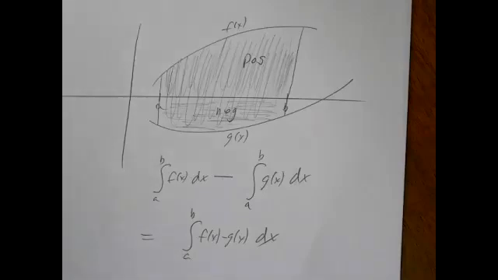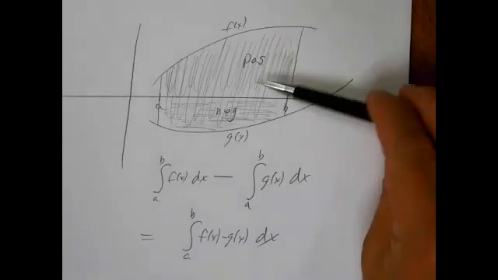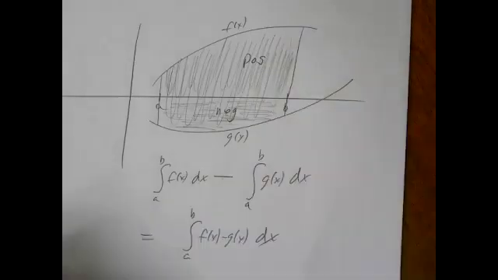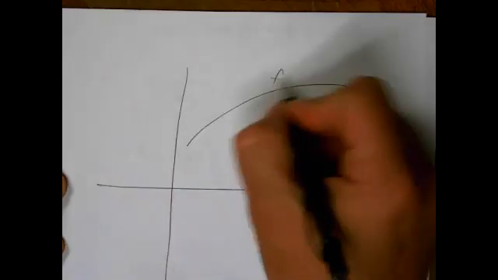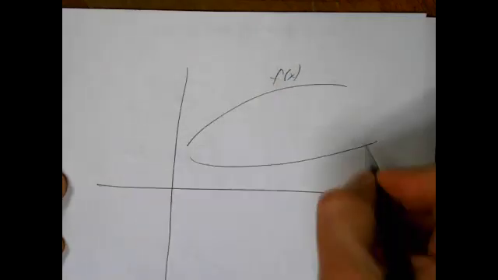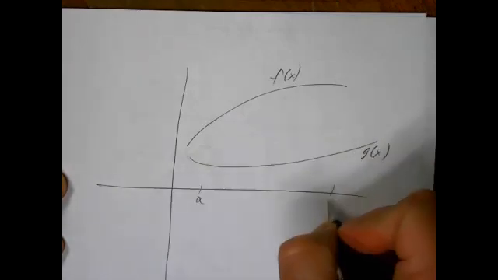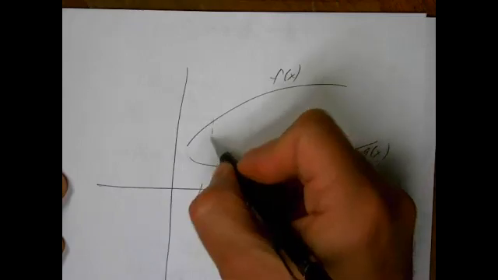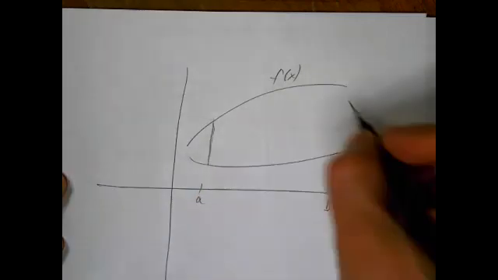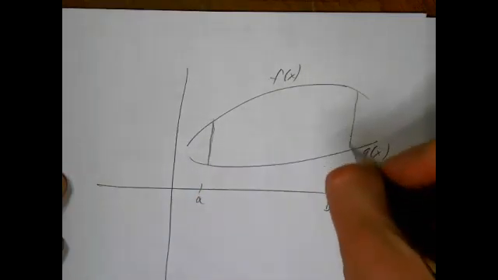And you may think, or I wouldn't want to lead you to think, that this will only work when you have part of the region above the x-axis and part below. Because if you were to rethink the scenario, again, if this was curve f of x, and this was curve g of x, from A to B again, and again, here's our vertical reference here, our vertical reference there.